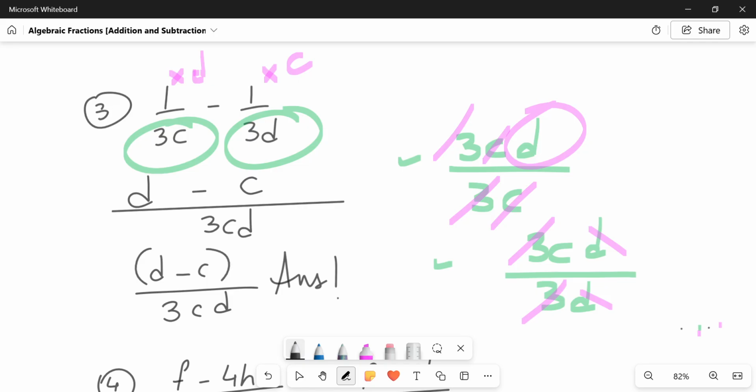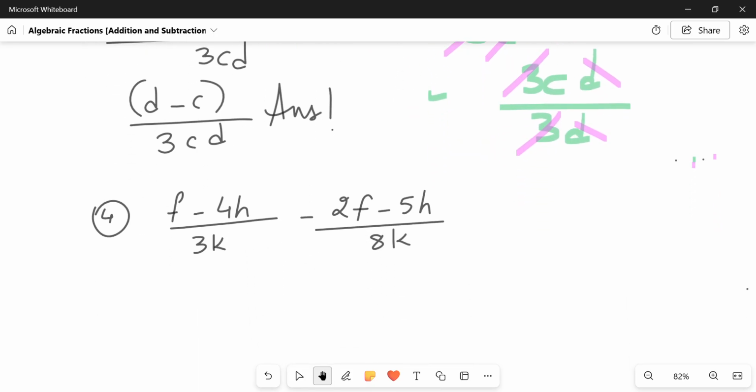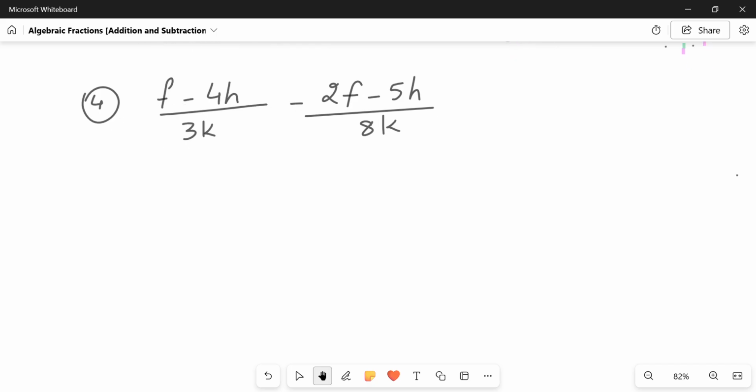Let's solve another one. Now this is a little hard, but not too much, okay? If you know the basics, you can do this question very easily. First of all, what we need to do is bring the denominators the same. So what will be the LCM? This is 3, which is an odd number, and 8 is an even number.